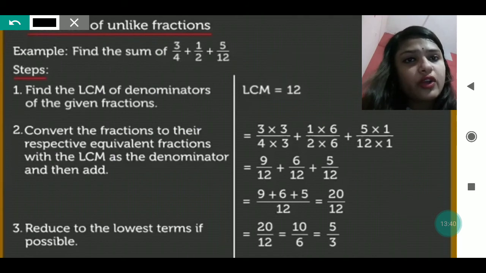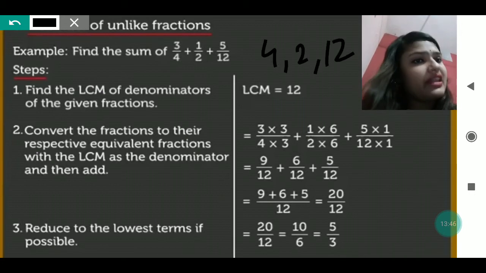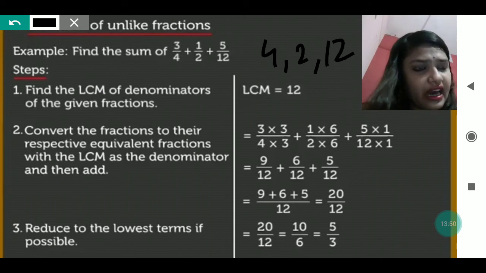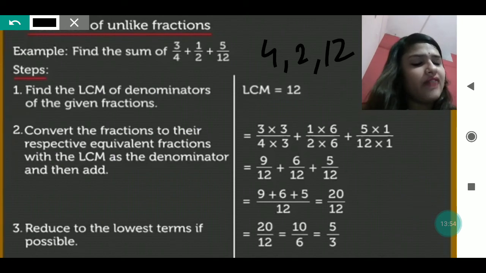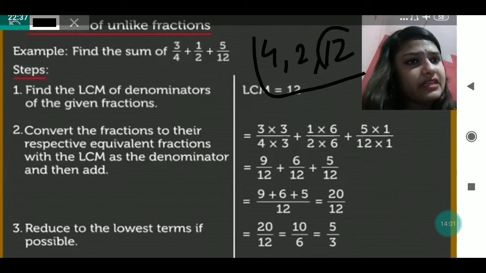Find the LCM of denominator given. You have to find the LCM of 4, 2, and 12. When you find the LCM of these three, you will get the LCM as 12. You can find it in your copy. You will get the LCM as 12 only.